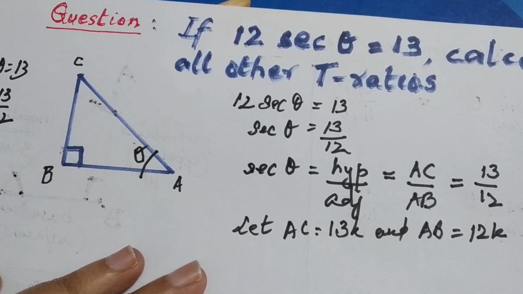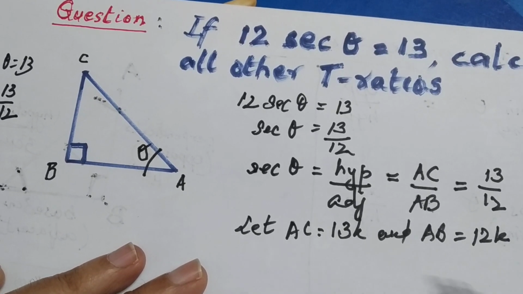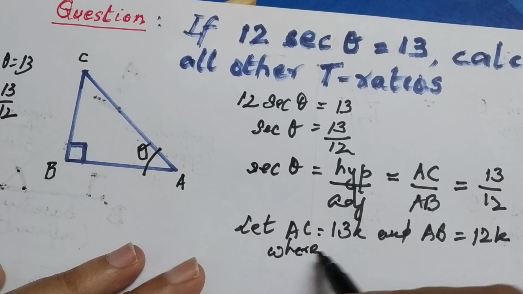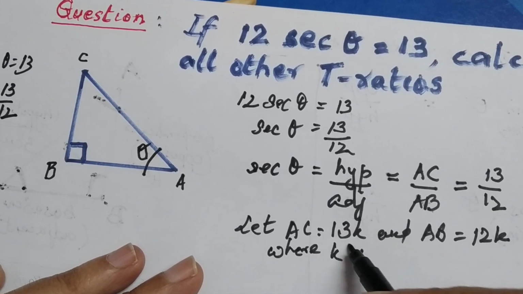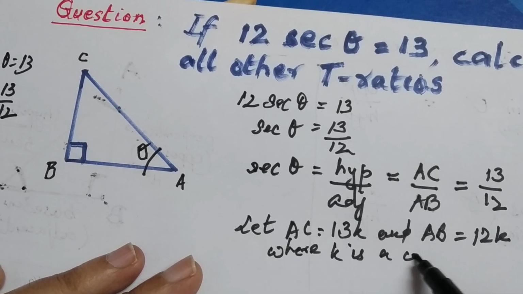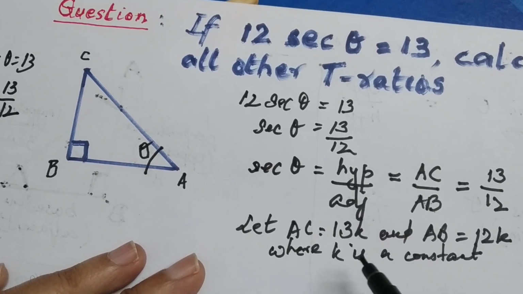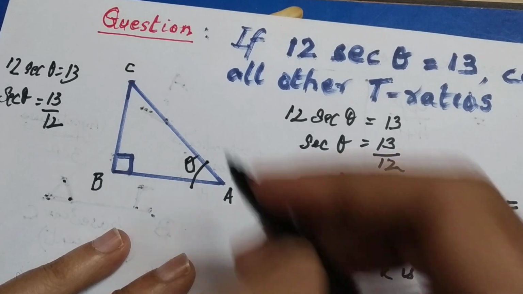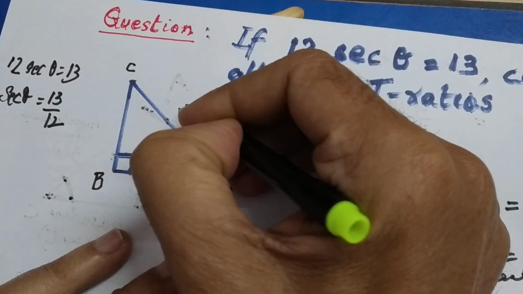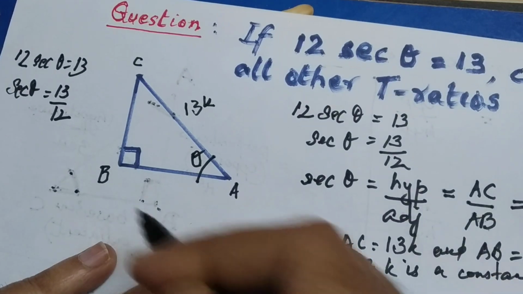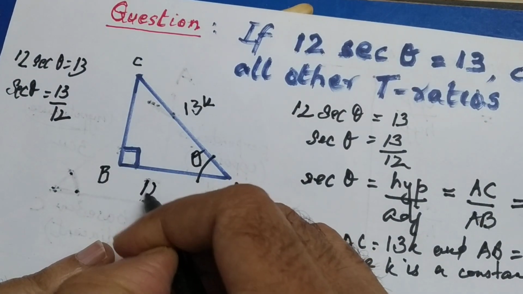This is what we will be writing. And what is K? Where K is a constant. So we know AC is 13K, and AB is 12K.